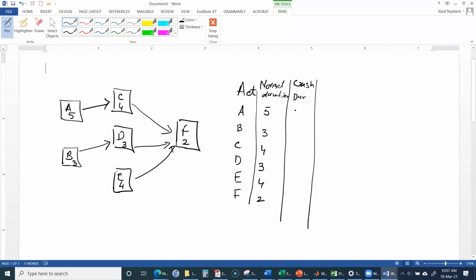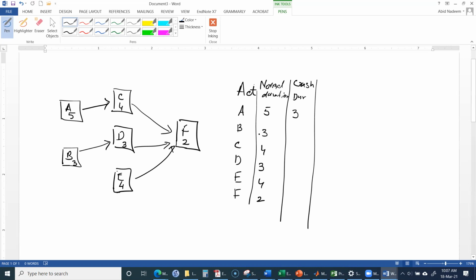It depends on the type of activity. For example, if normally we can complete activity A in 5 days, we may also say that if we want to reduce its duration, we can reduce it up to 3 days. So 3 days will be the crash duration.